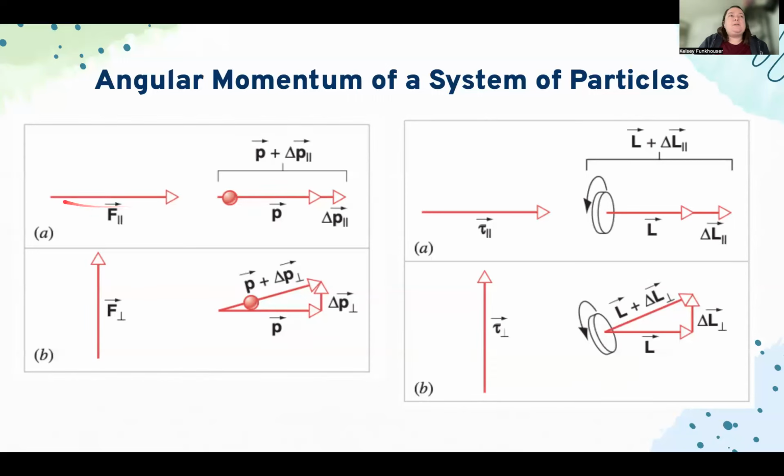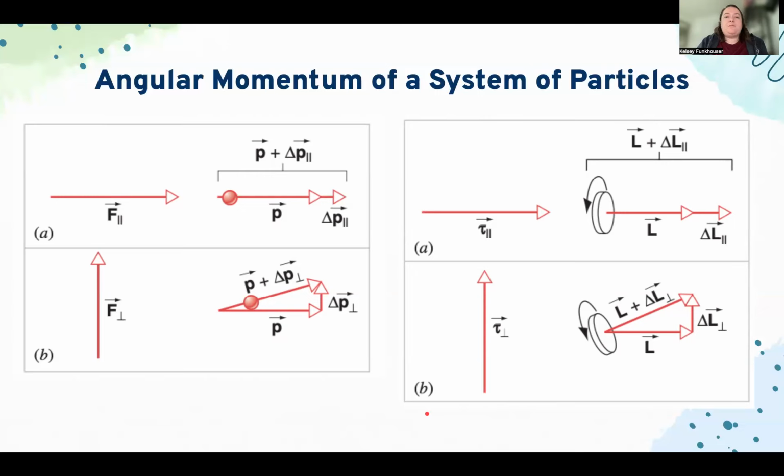So the parallel component of the force here, and perpendicular, the parallel component of the torque, and perpendicular. And this application of a force and a torque will result in a change of momentum that is parallel to the force in both cases.